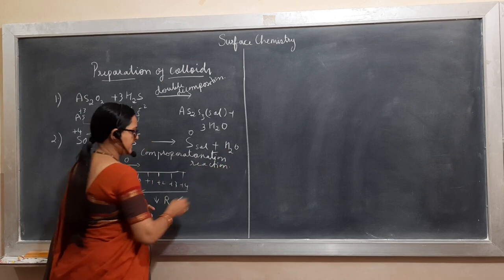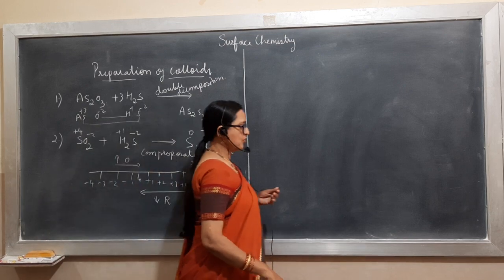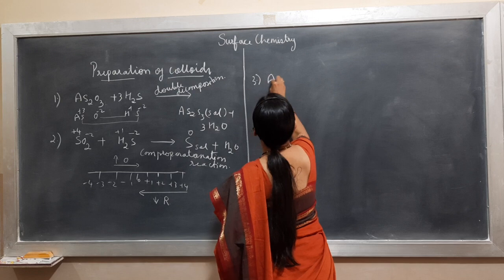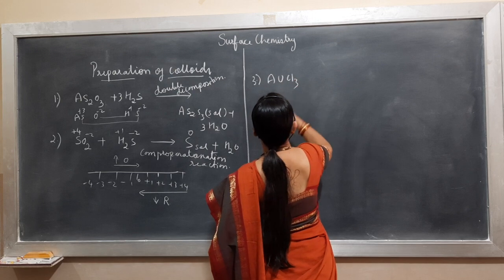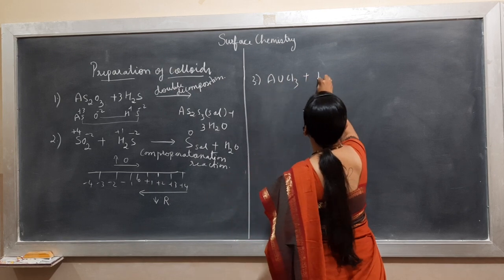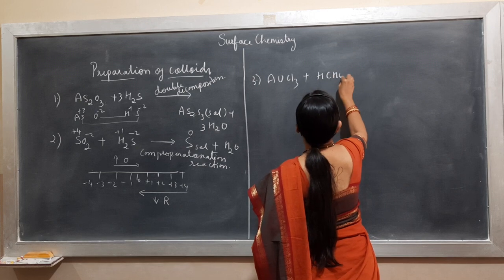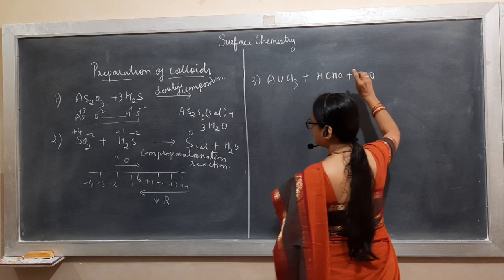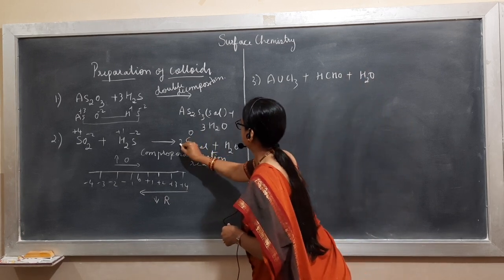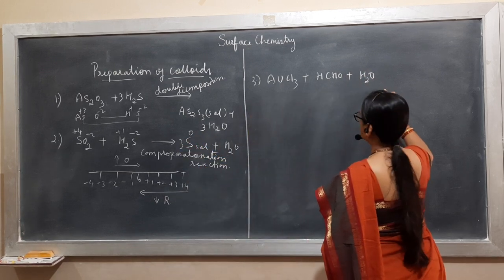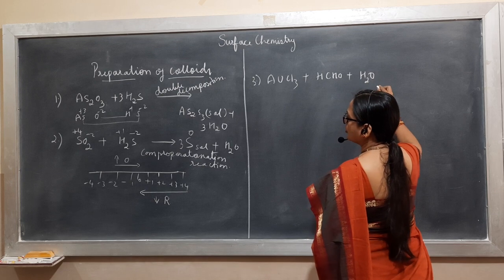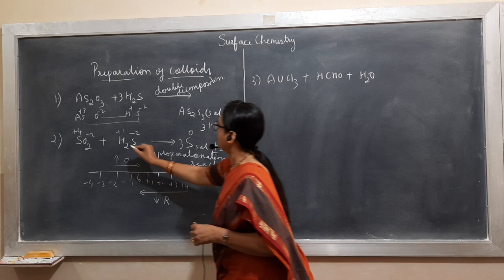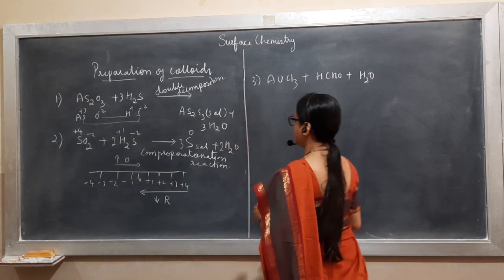One more example we have. If we take gold chloride, AuCl3, and combine it with formaldehyde and then water is added to it, let us balance that one.